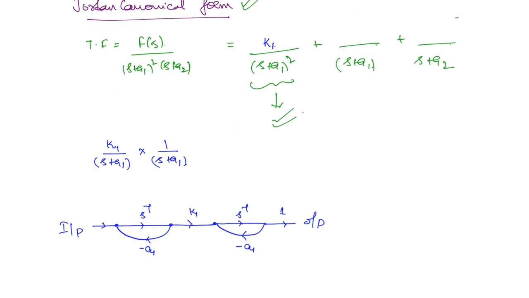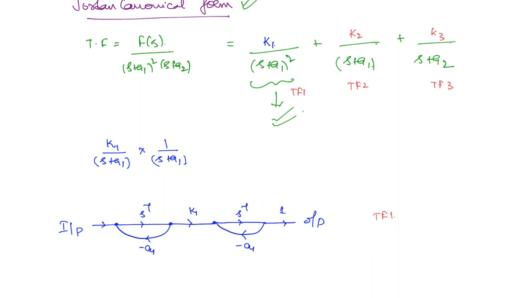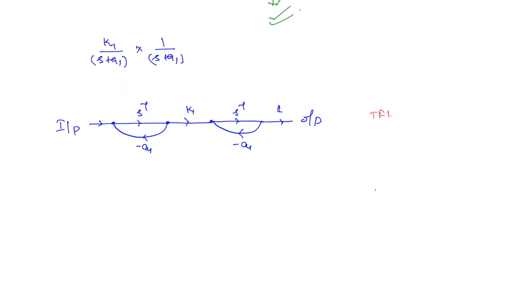We will mark these as transfer function 1, transfer function 2 and transfer function 3, right? And the numerator we can take k2, k3. So now this we have drawn for transfer function 1. Next we will see transfer function 2. We will draw one below the other so that these are all parallel.